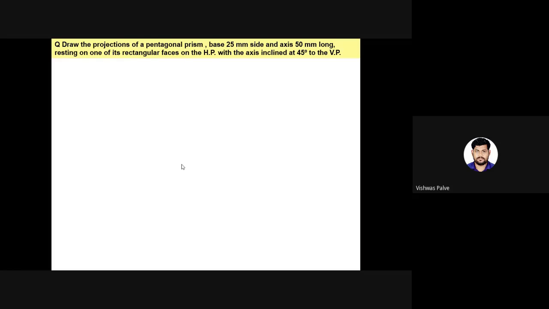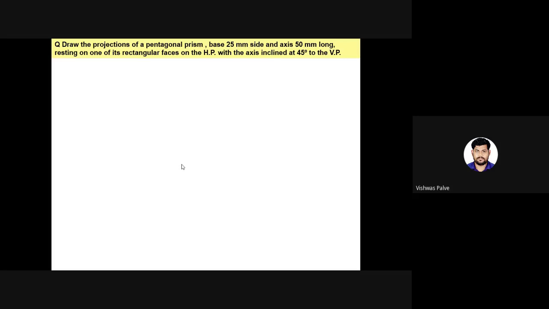Okay, draw the projections of a pentagonal prism, base 25 mm side and axis 50 mm long. So they are just saying that the object is a pentagonal prism. That is the first thing we have to identify. Next is the base size. Are the dimensions of that object given? Yes, base is 25 mm and axis length is 50 mm. So the base as well as the axis is given, resting on one of its rectangular faces on HP.